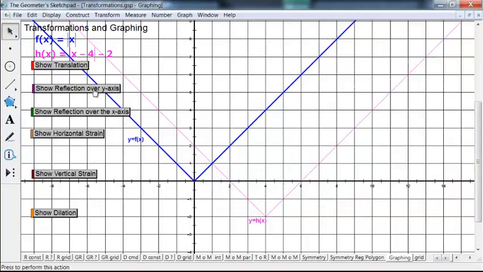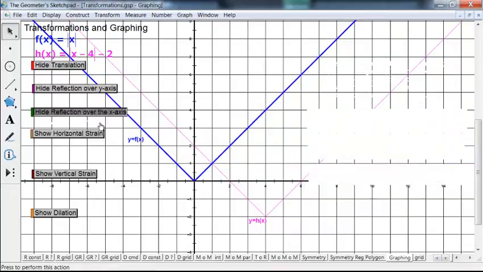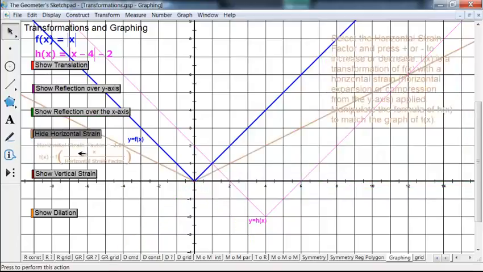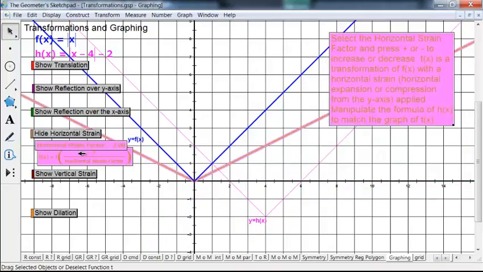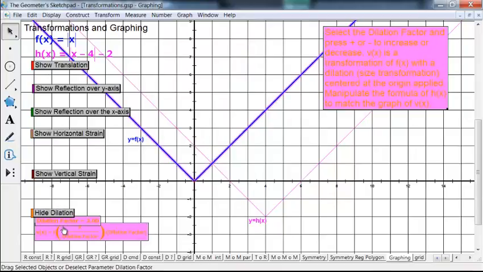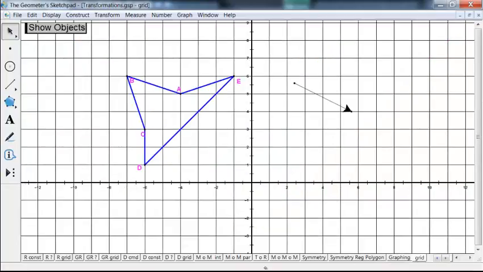Here we can reflect it over the y-axis, reflect over the x-axis. You can do a horizontal strain, which is a stretch or compression horizontally, or vertically stretch it. We can also do a size transformation. Okay, and we'll maybe come back to those a little bit later.